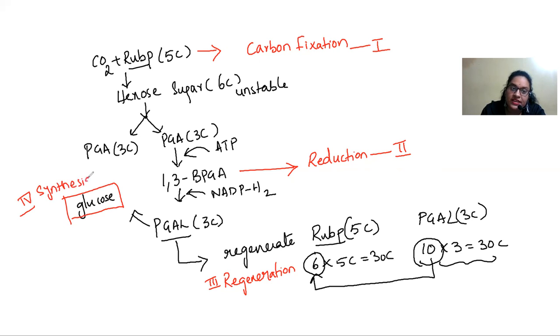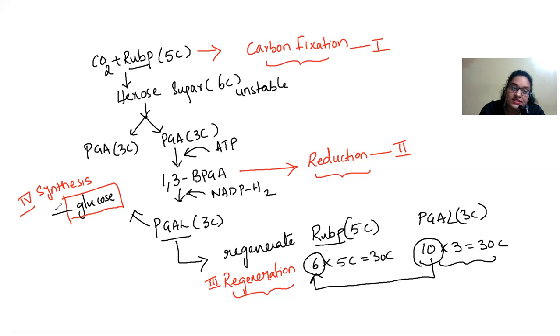But many international boards have specified carbon fixation, reduction, as well as regeneration as the three processes happening in the dark reaction. But remember that at last your PGAL, which is a three carbon atom compound, is going to be utilized in the formation of glucose.